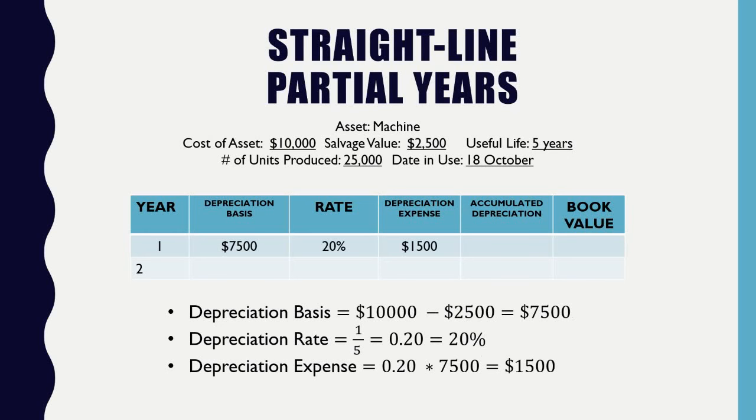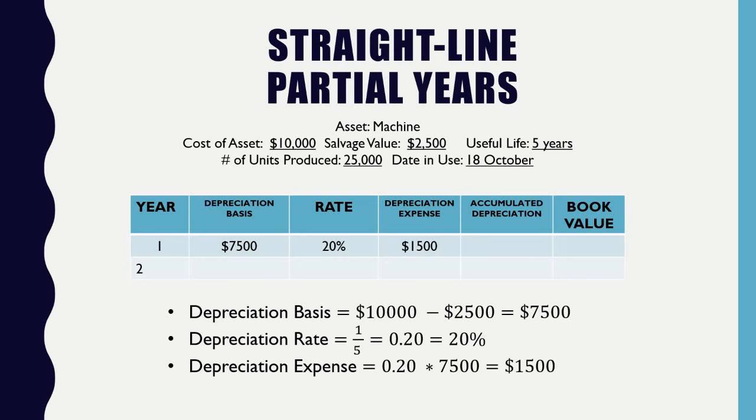Now, because we're dealing with partial times, this is for one whole year. You can apply this for the second year, because once we depreciate the first year, the second year is going to be forever on 1,500. But because we're dealing with partial years, we only need to depreciate for 2 months.